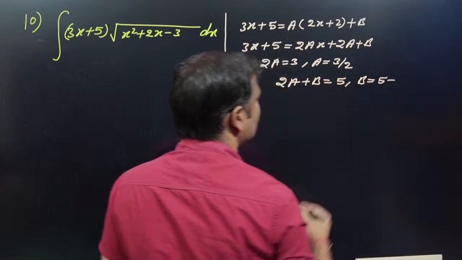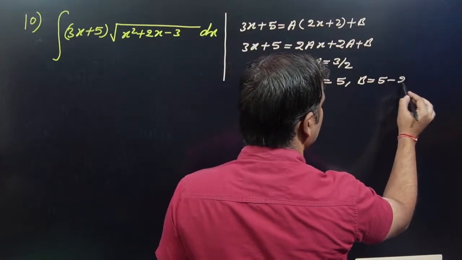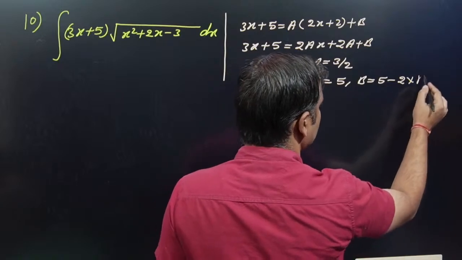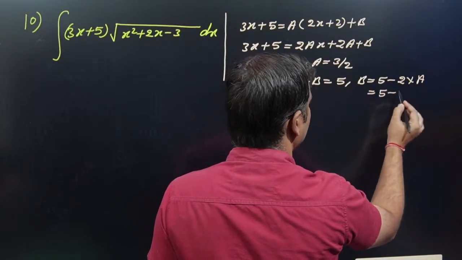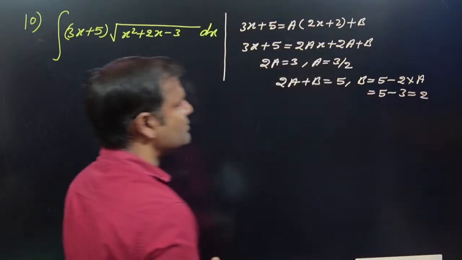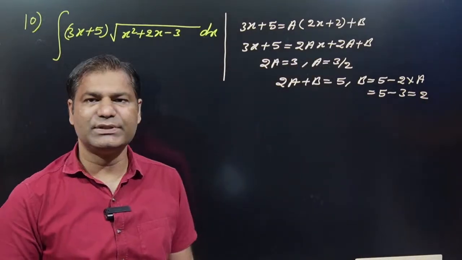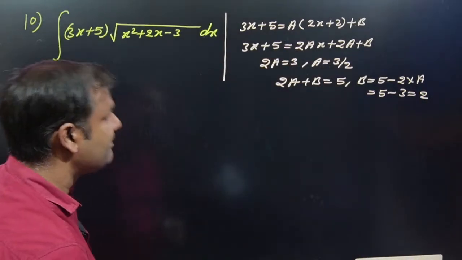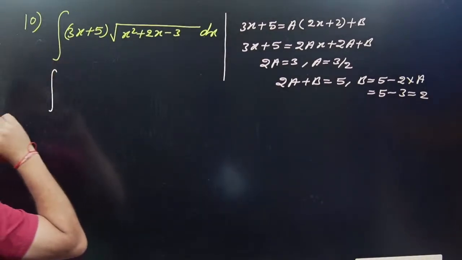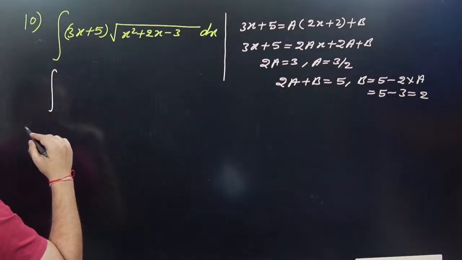5 minus 2a, 2 into a. So 5 minus 2a, that is 5 minus 3, so we got 2. So a is 3 by 2 and b is 2. Okay. Now that value is replaced, a replaced by 3 by 2.